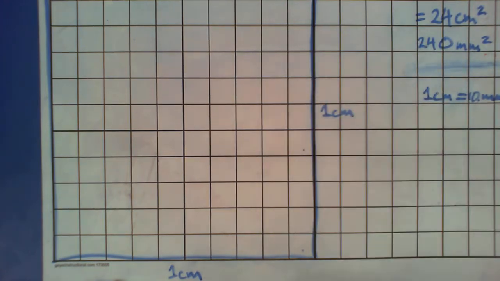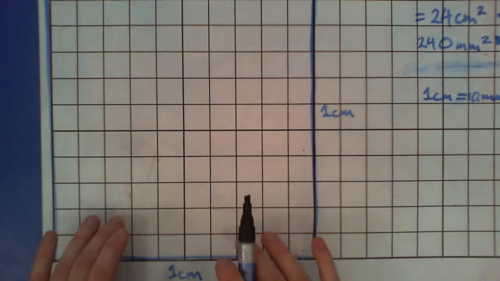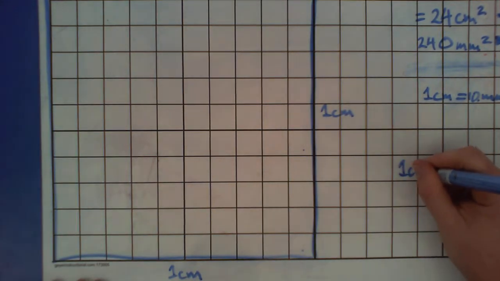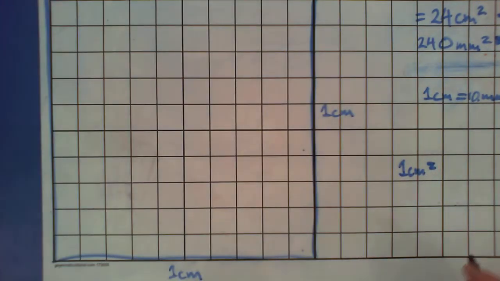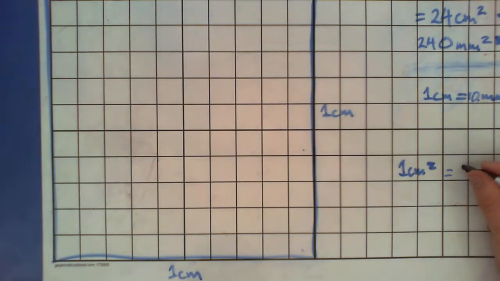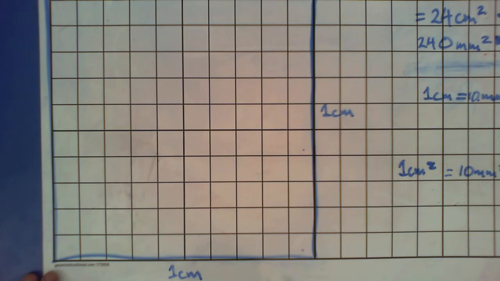If we think back to our incorrect assumption, it makes sense because we were multiplying by 10. But when we've got 1 centimeter squared drawn out here, it's clear that it is not the same as 10 millimeters squared. There's far more than 10 square millimeters here.